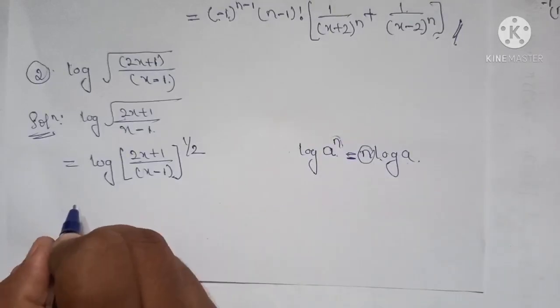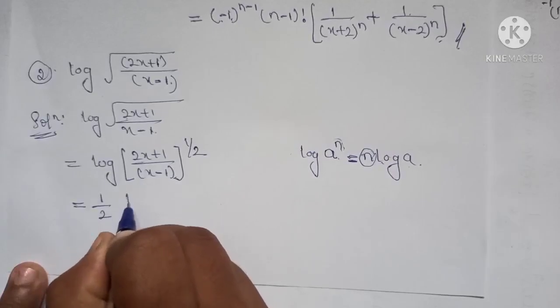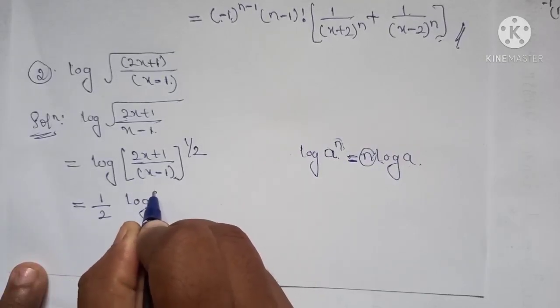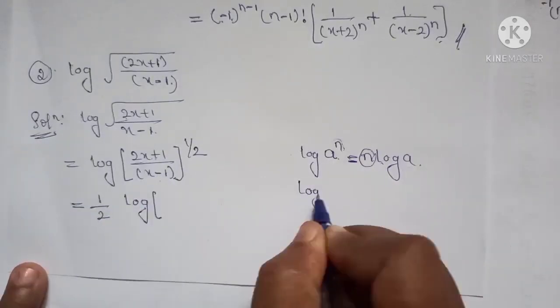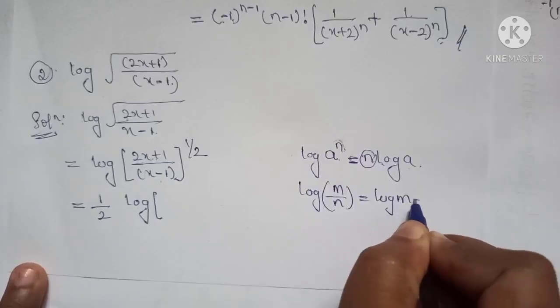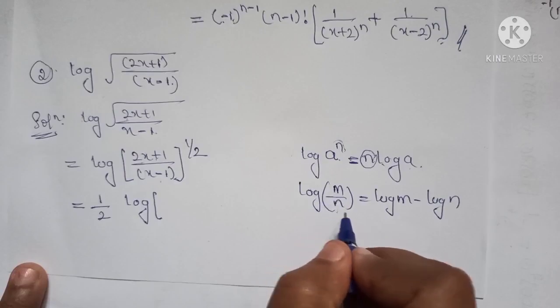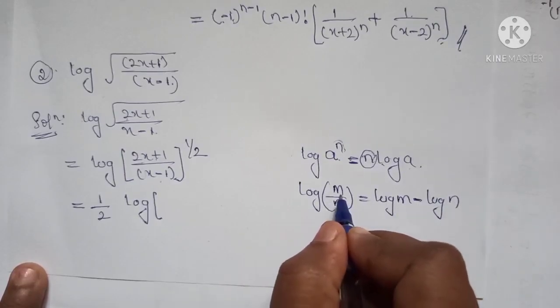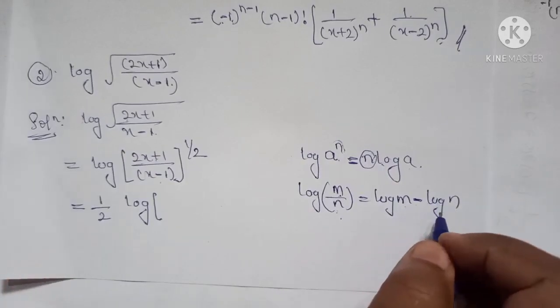Then it becomes 1 by 2 log of, also here we use the log of m by n formula. Log of m by n can be written as log m minus log n. If it is of the product form, then we use plus. If it is of the divide form, we use m minus n.